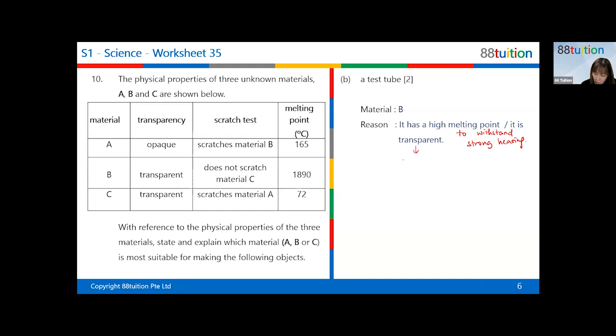It is transparent to allow us to see what changes occur inside the test tube. Usually when we're doing heating, we're trying to see whether that substance changes color, whether it breaks down into something else, whether it melts, etc.